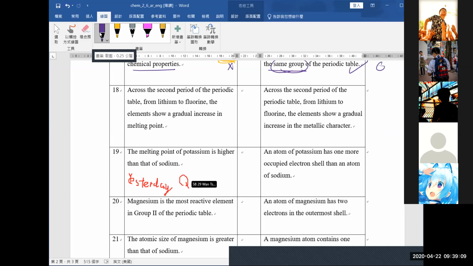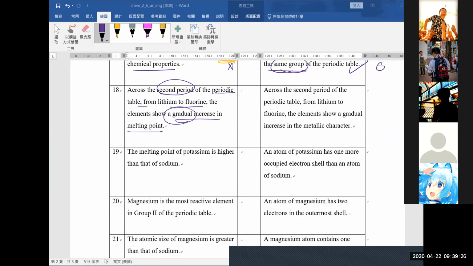Across the second period of the periodic table from lithium to fluorine, you increase in melting point, gradual increase in melting point. You just write down B, gradual increase. You think this one is correct? Agree? Across the second period from lithium to fluorine, a gradual increase in metallic character.